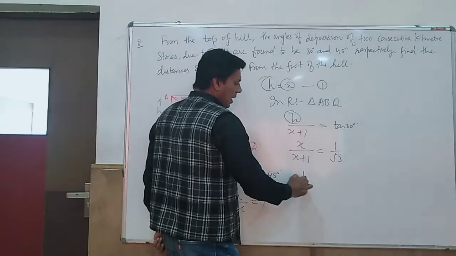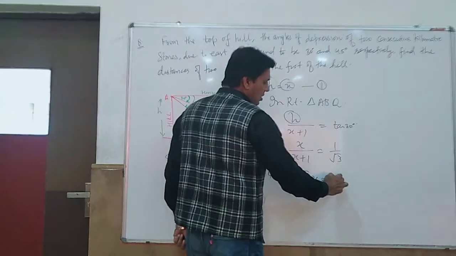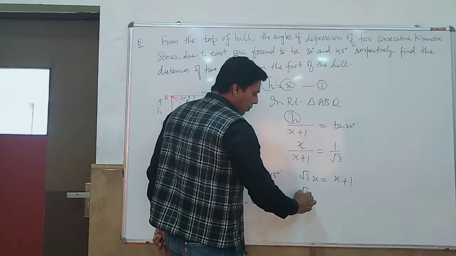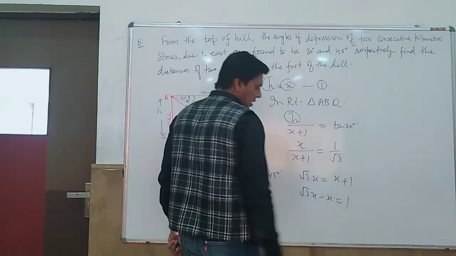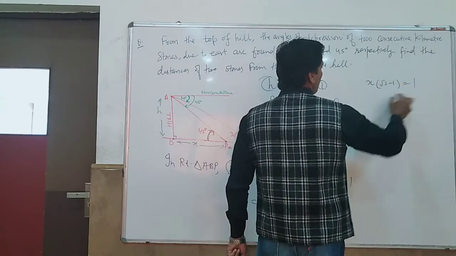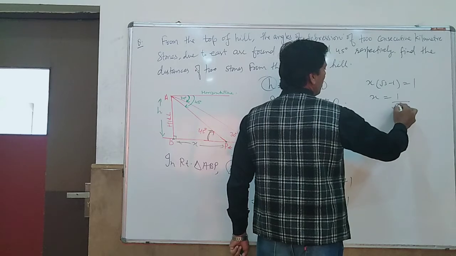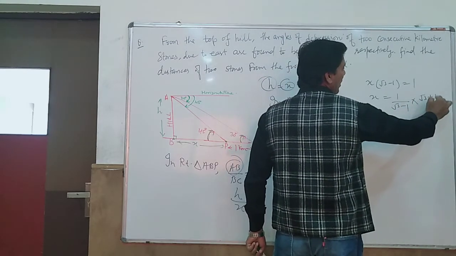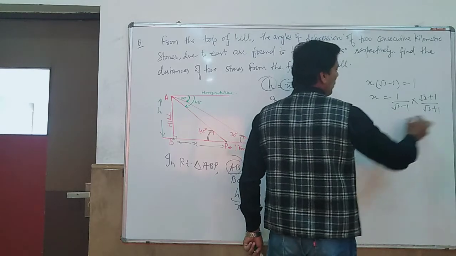Now we'll cross multiply. So root 3 X is equal to X plus 1. Now we can bring X here, then 1. X can be taken as common, and X is equal to 1 upon root 3 minus 1. So we will multiply with the conjugate to rationalize the denominator.